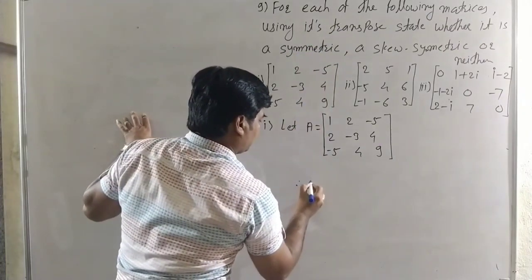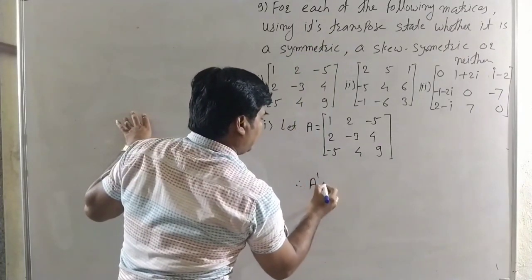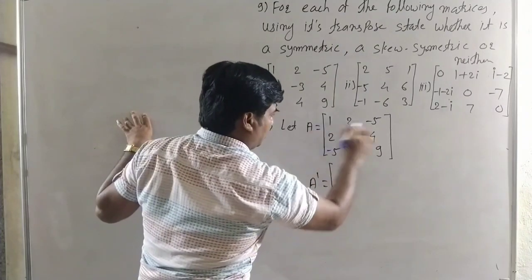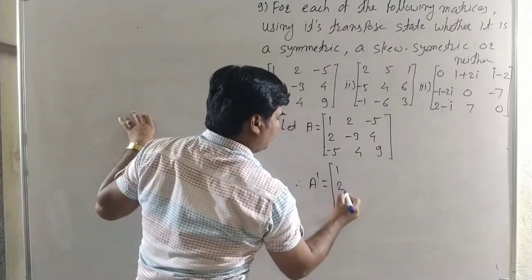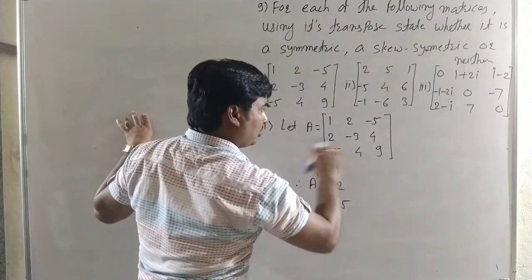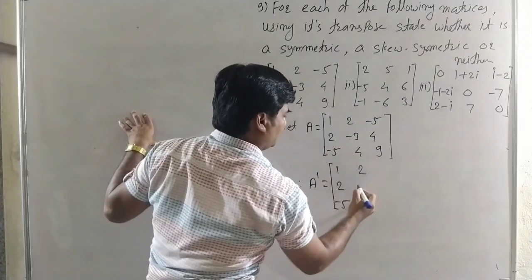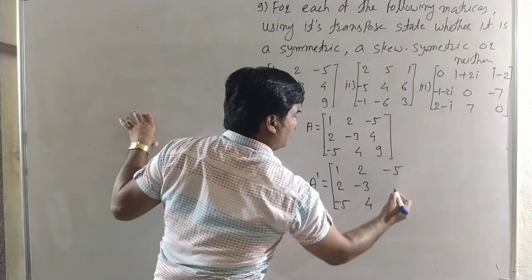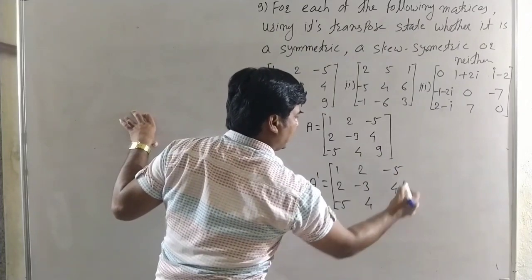Therefore A dash is equal to, see carefully, 1, 2, minus 5, 2, minus 3, 4, minus 5, 4, and 9. It is a transpose. That means row becomes column and column becomes row.